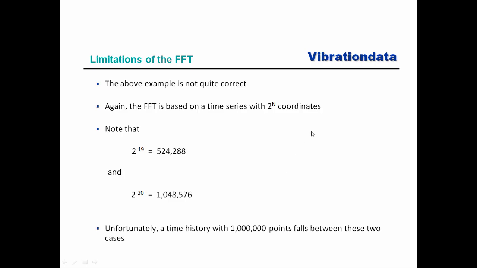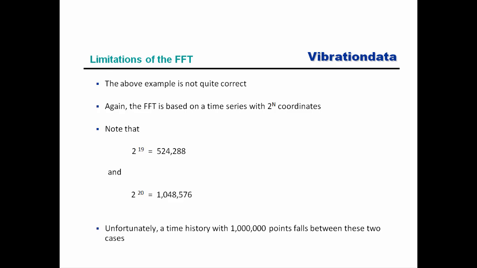But I'm being a bit of a used car salesman here, and there's something I haven't told you yet, but I'm going to confess now. Our fast Fourier transform is based on a time series with 2 to the nth coordinates, and if we have 2 to the 19th number of points, that's 524,288, or if we have 2 to the 20th number of points, that's 1,048,576.